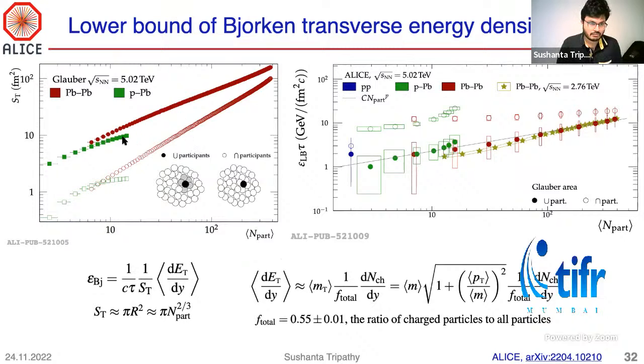Here there are two kinds of markers: one where we have considered the nucleon with its exclusive area, and the other where only the participant nucleons are considered. Using the standard Bjorken density formula, one can obtain the lower limit of Bjorken density as a function of N_part. As you can see, there is an evolution going from p-Pb collisions to Pb-Pb collisions.